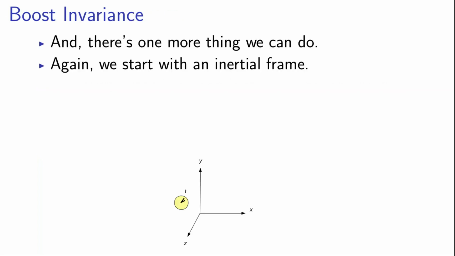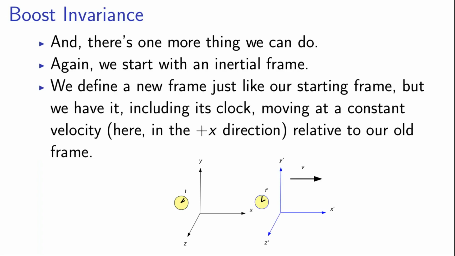And there's one more thing we can do. Again, we start with an inertial frame. We define a new frame, just like our starting frame, but we have it, including its clock, moving at a constant velocity, here in the positive x direction, relative to our old frame.